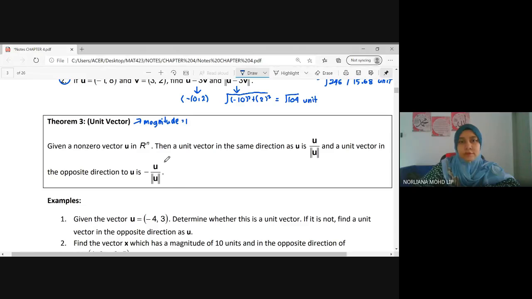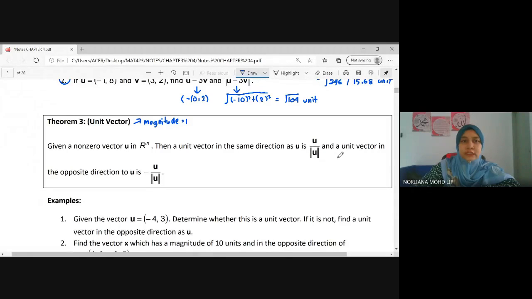So we use this formula to convert this vector into a unit vector if the magnitude of the vector is not equal to 1. Given a non-zero vector u in R^n, or n-space, a unit vector in the same direction as u is given by u over the magnitude of u.